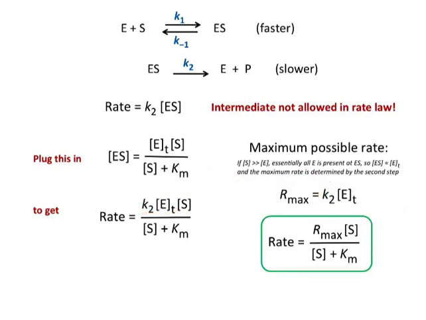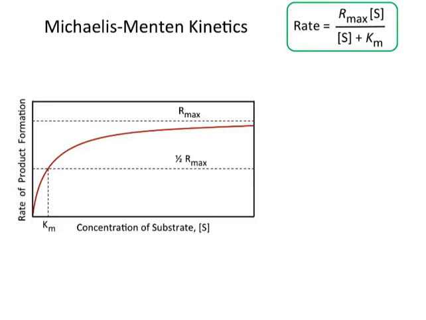Great. So now let's talk about this a little more. So again, here's the plot. Now, we can label this a little more, right? Rmax is the highest rate you're going to get at the maximum substrate concentration. And then it turns out that at the concentration equal to this binding constant, your rate is going at half the rate of Rmax. Okay.